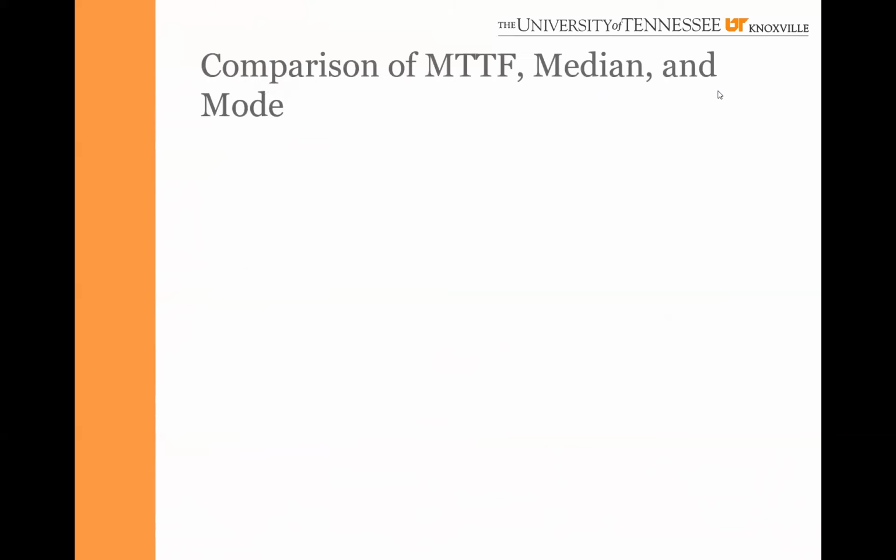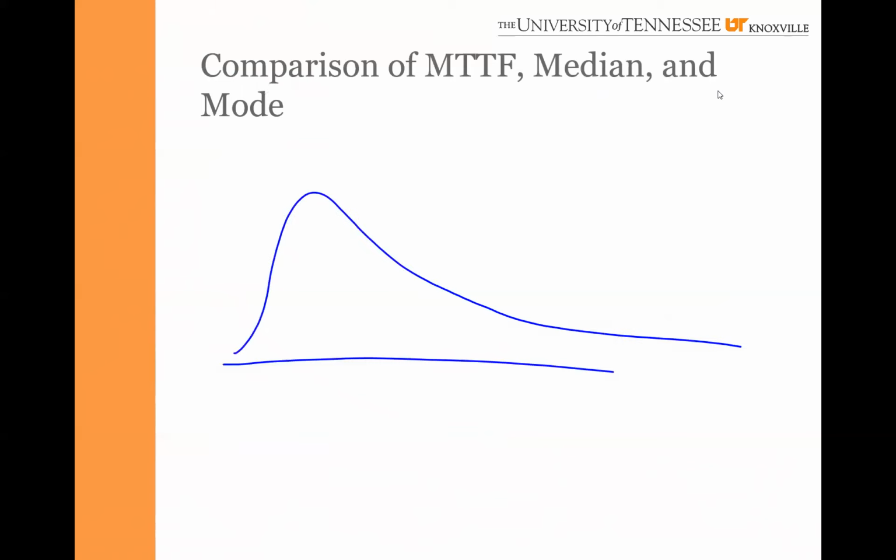Okay. So we learned about MTTF, median, and mode. So let's just summarize it on one plot. If I have a right-tailed, or upper-tailed, right-skewed function, the mode will be somewhere, let's say around here. This will be the mode.